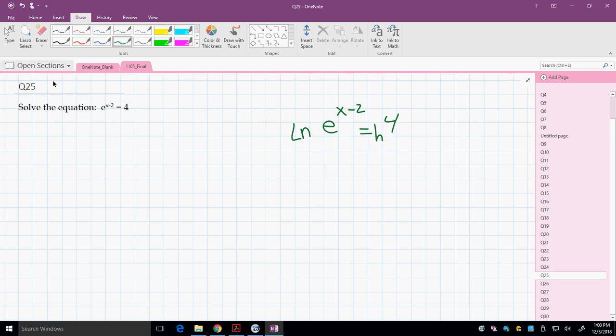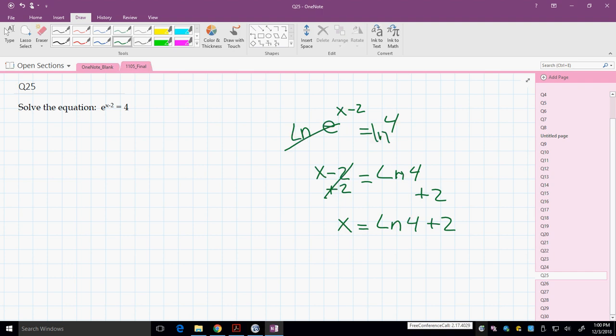So I take the natural log of both sides, and these cancel each other out. The exponent comes down: x minus 2 equals the natural log of 4. I'm going to add 2 on both sides. This cancels, and now I have x equals natural log of 4 plus 2. And that is your answer.